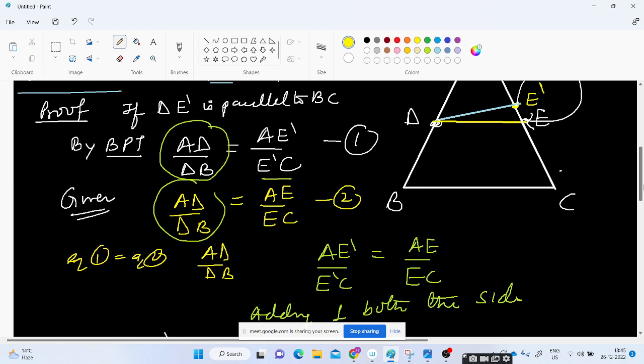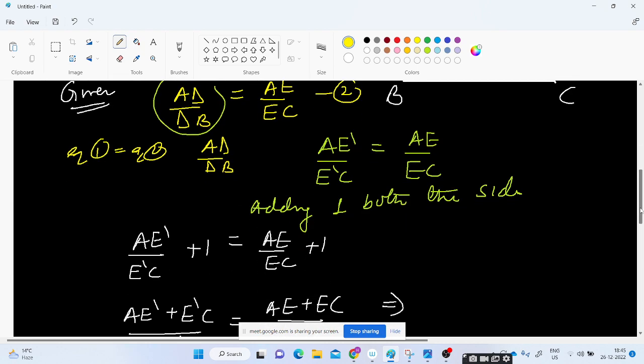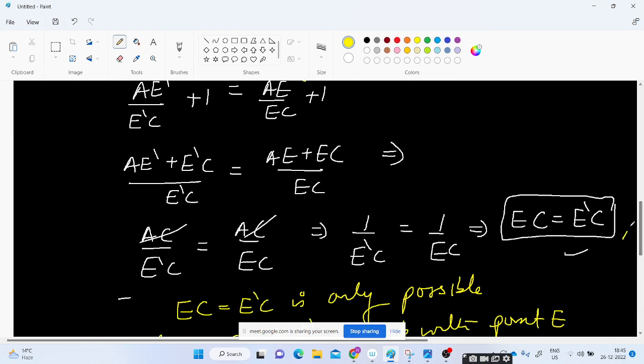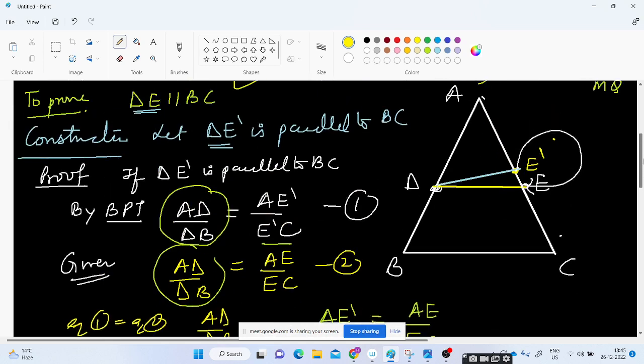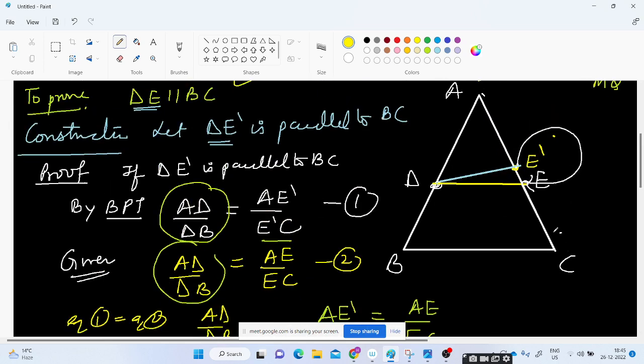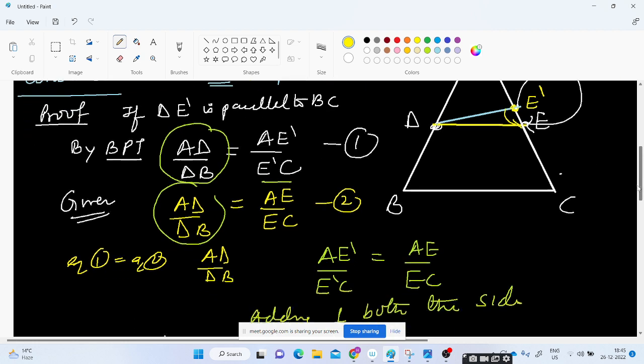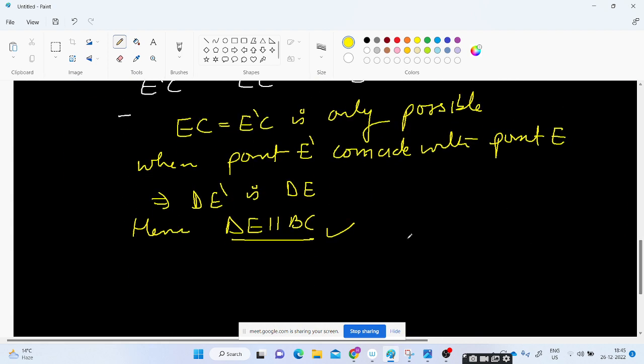And what is given to us, we equate them and add one both sides, and we conclude that E dash C and EC are the same, and it is only possible when this point coincides here. It means DE dash and DE are the same thing, hence DE is parallel to BC. Hence proved. So this is the converse of BPT.